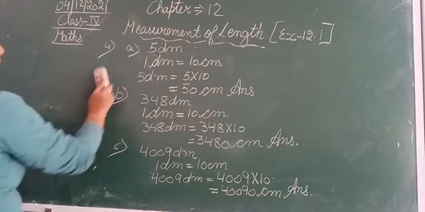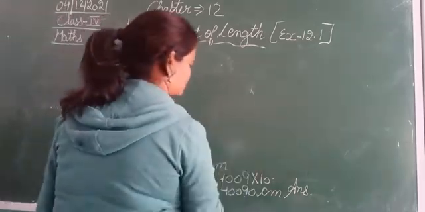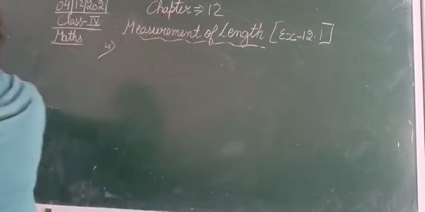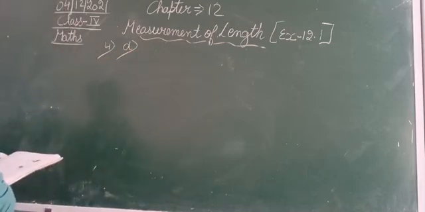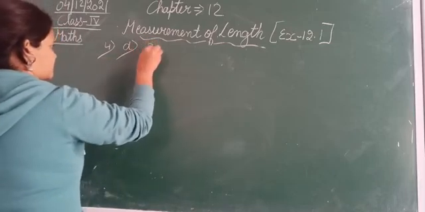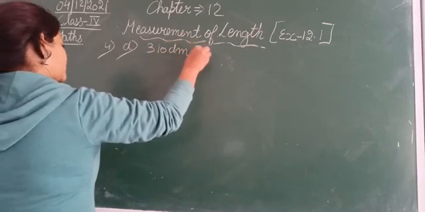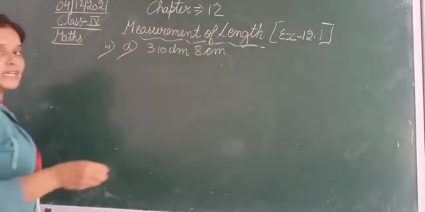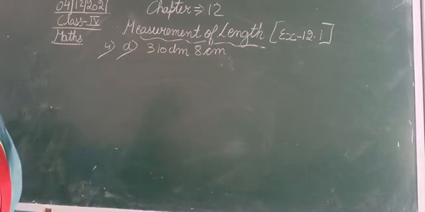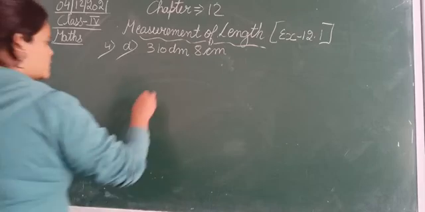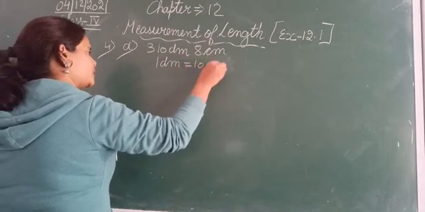Moving next to the D part of question number 4. 310 decimeter 8 centimeter. Now we have to convert it into centimeter, just like the previous one. 1 decimeter is equal to 10 centimeter.